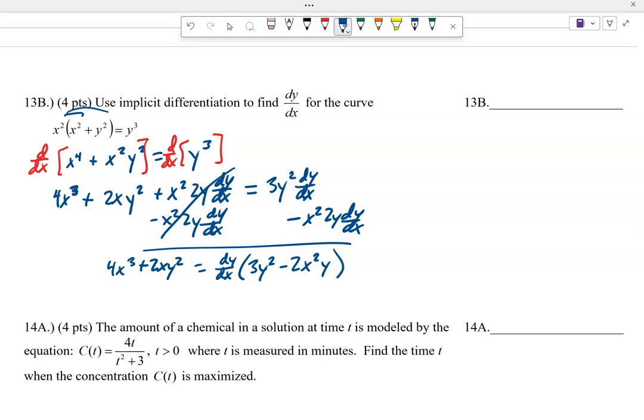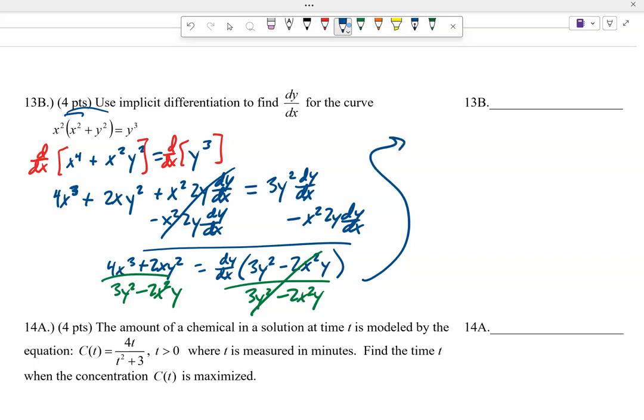Now, again, we're solving for dy dx, so let's divide both sides by 3y squared minus 2x squared y. And so dy dx ends up being 4x cubed plus 2xy squared over 3y squared minus 2x squared y.